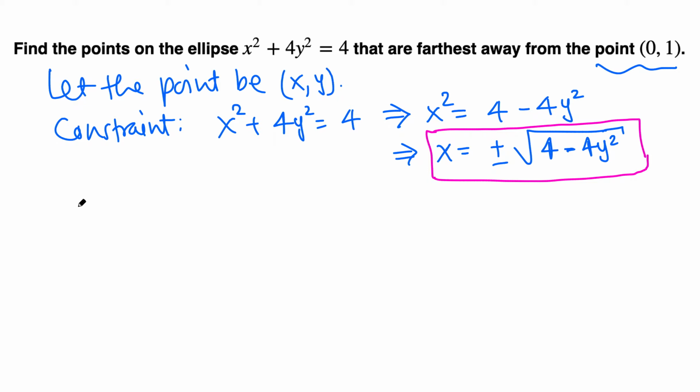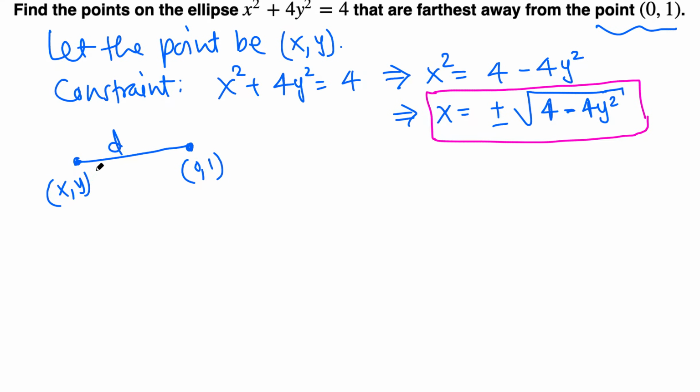Next, we are trying to determine the distance between x, y and (0, 1). Okay, I'm just showing you here the distance, and we want this distance to be the largest because we want the point to be farthest away. So from algebra, we know the distance between these 2 points is given by the square root of (x2 minus x1) square plus (y2 minus y1) square.